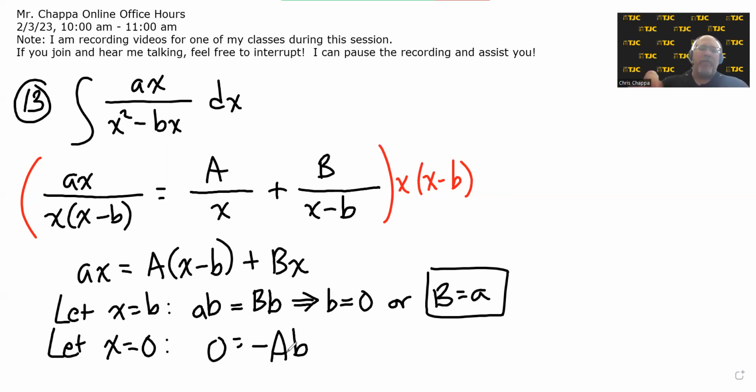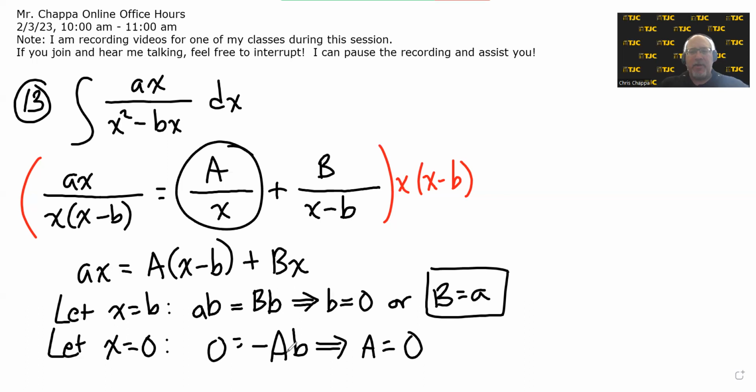And remembering that we're solving for capital A, if we assume b is not equal to 0, then this tells us that capital A is equal to 0, which means that this isn't even there anymore, and which makes perfect sense in retrospect, because at the beginning I should have noticed, I can't believe I overlooked this, I was so consumed by the partial fraction procedure. We had a factor of x on both sides that would cancel. Oh my gosh, I feel silly.